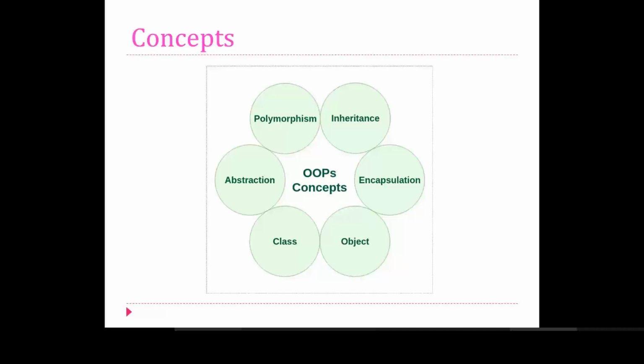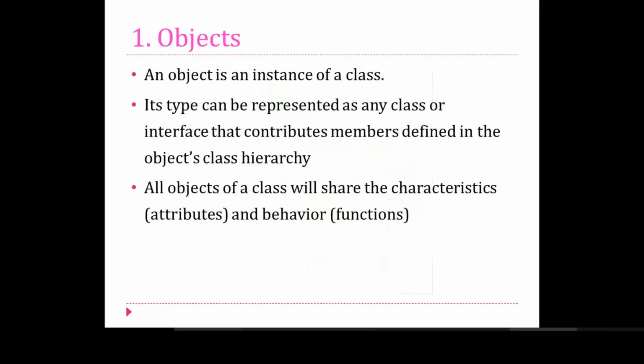Object is the first principle, followed by class, and then 4 other principles: abstraction, polymorphism, inheritance, and encapsulation.